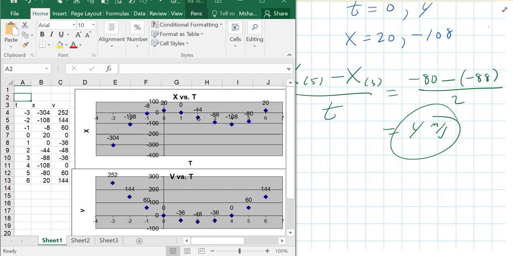Between 1 second and 4 seconds, your slope is negative, so those velocity values are all negative. They're all below the v equals 0 axis. And then finally, for the last 2 seconds, our position graph has a positive slope, and you'll notice those last two velocities are, again, positive. So that's the graphical relationship between position and position's derivative, velocity.